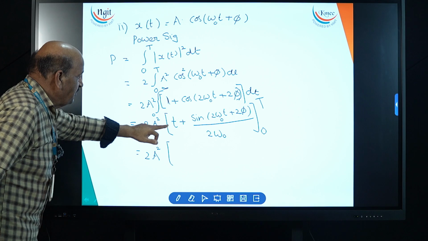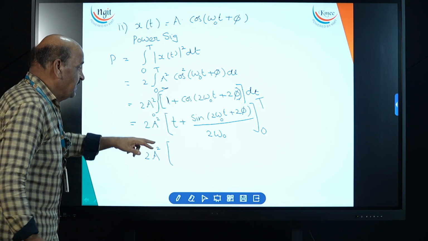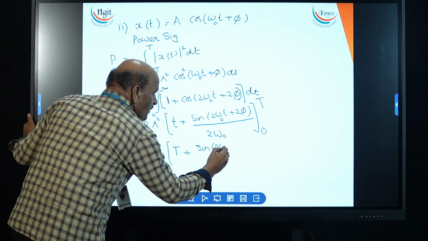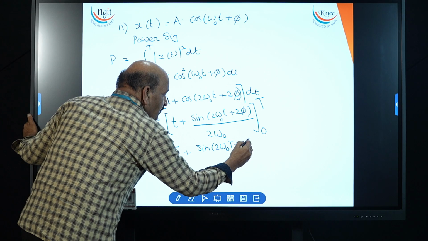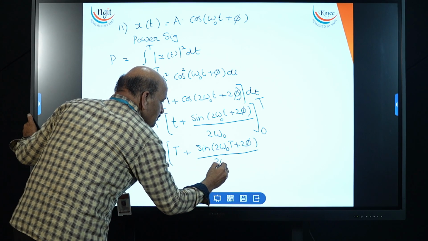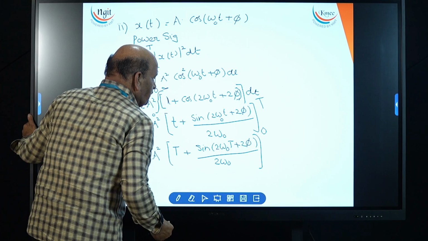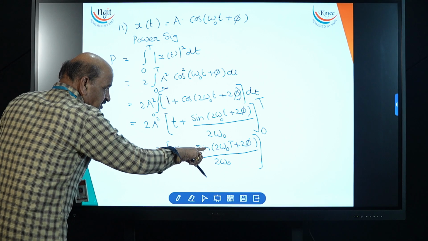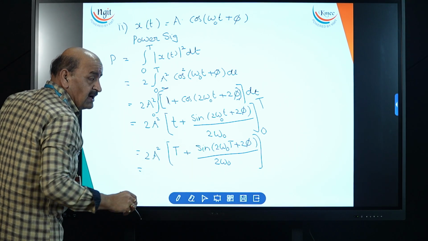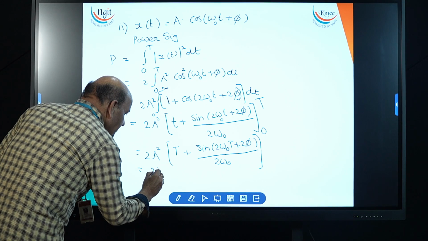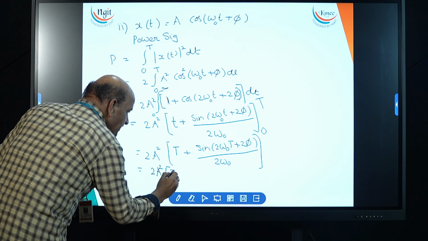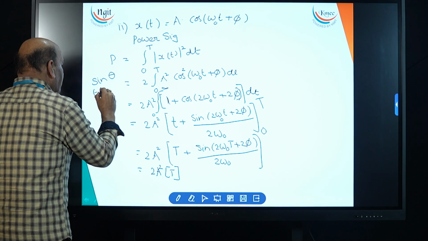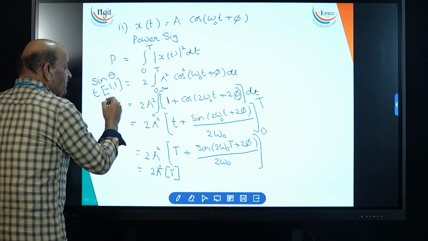In place of small t, substitute uppercase T. Therefore this will become T plus sine of 2 omega naught T plus 2 phi divided by 2 omega naught. Now T is a numeric number. The sine function of 2 omega naught T becomes 0. Therefore this value becomes 2A square into a limited value T, because sine theta, whatever the value may be, is always between -1 and 1.